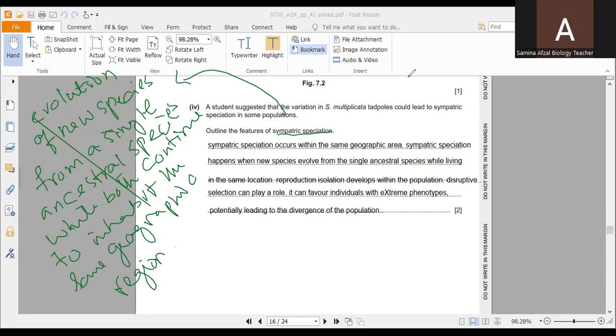Now we have to outline the features of sympatric speciation. First of all, the first feature is that it occurs within the same geographic area.